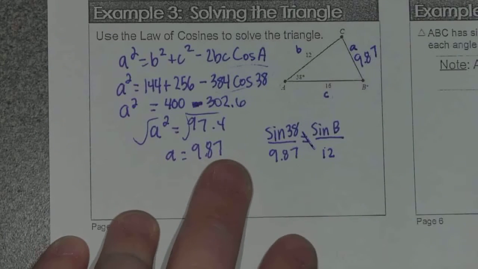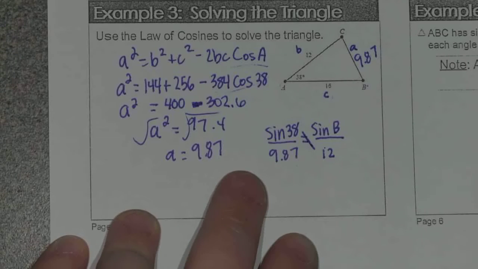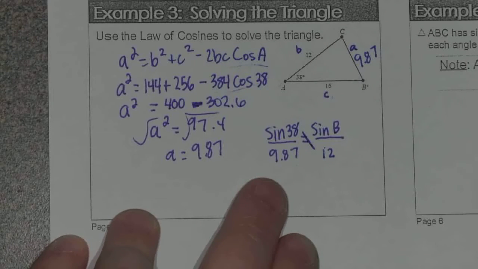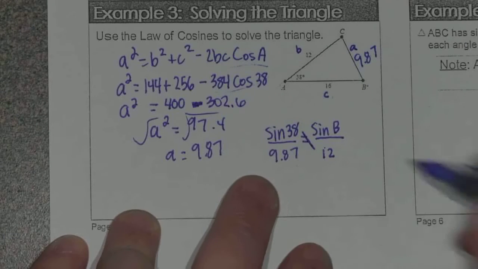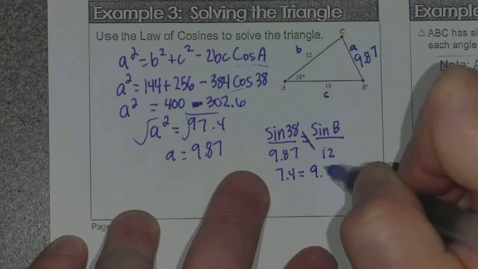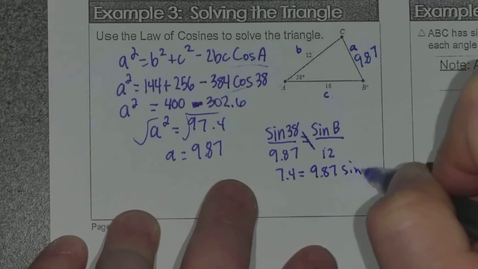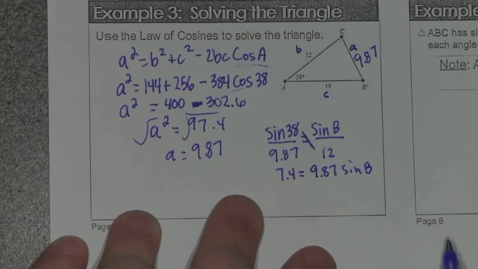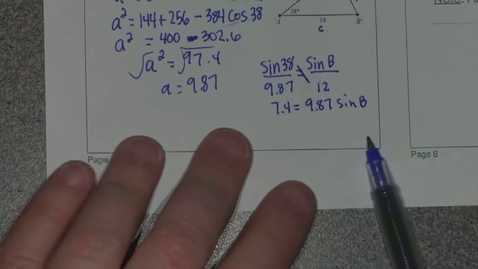So the sine of 38 times 12 is 7.4 if I round that. Do you guys agree with that number? And this direction I get 9.87 sine of B because I can't actually combine those together anyway, right?